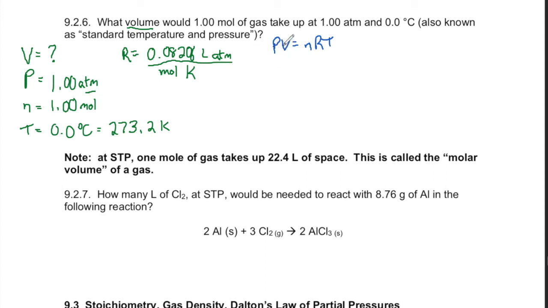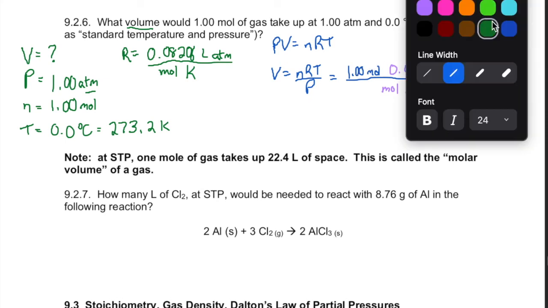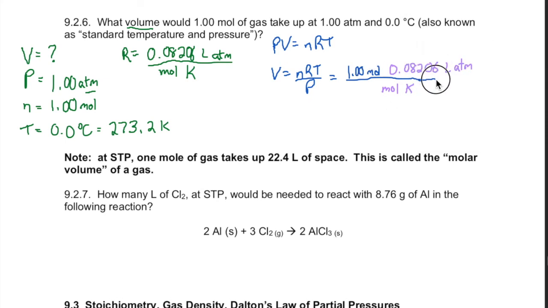This time we want to solve for volume. So volume would be nRT over P. So we have n being 1 mole, R being the 0.08206 liters atmospheres per mole Kelvin. Then we have a temperature of 273.2 Kelvin and a pressure of 1 atmosphere.